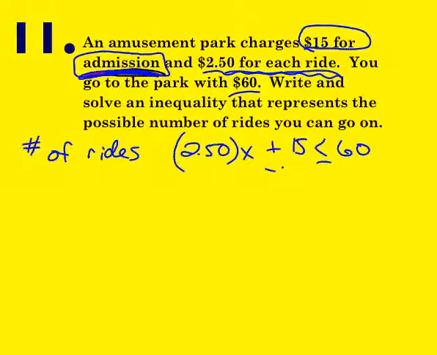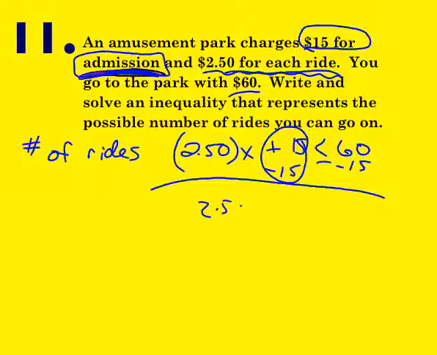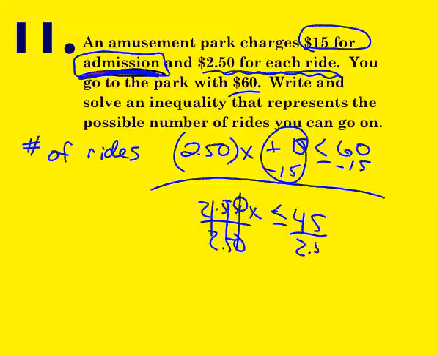Now, minus 15. Sorry about that. It's easier to read, I hope. So now I'd have 250x. So after I pay that admission fee, how much money would I have left? I'd have $45. And now I'll divide by 250 to see how many rides I can go on.